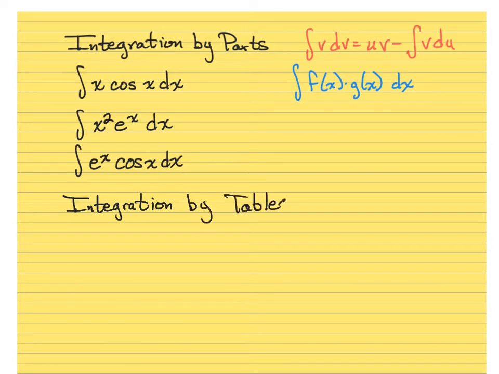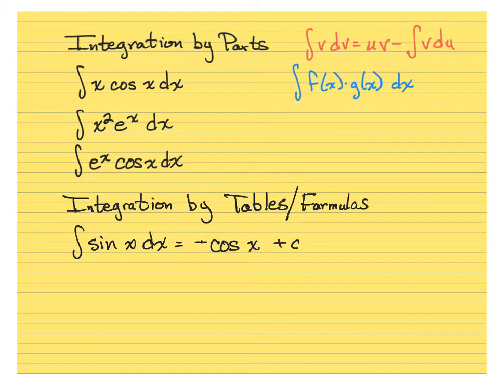There are some integrals that we cannot typically attempt to do without just looking at a table and seeing what the integral is. A real simple example, the integral of sine, right? Super simple. That's negative cosine.